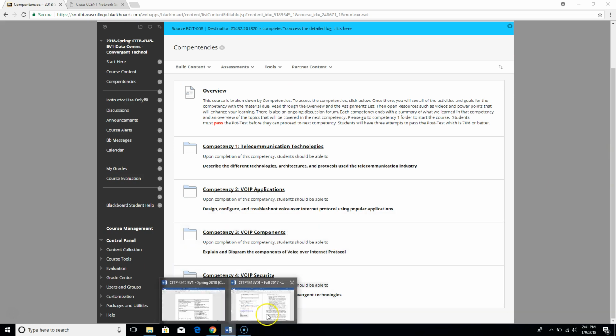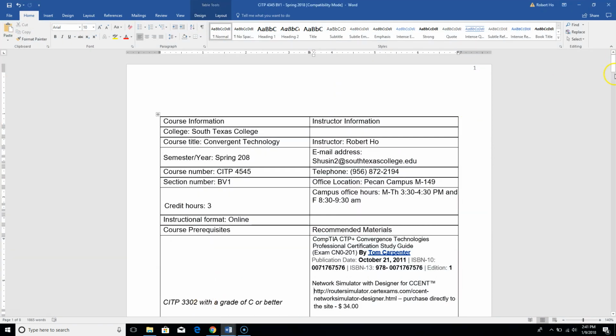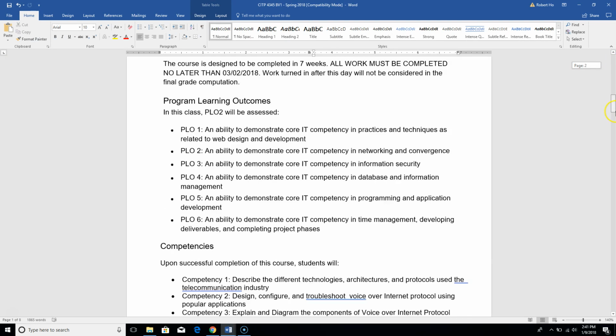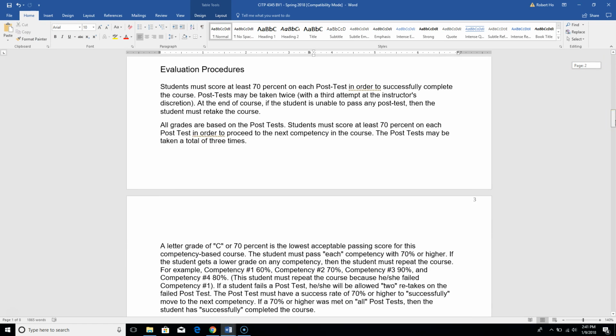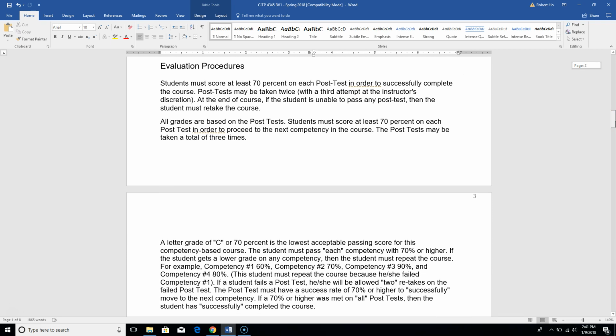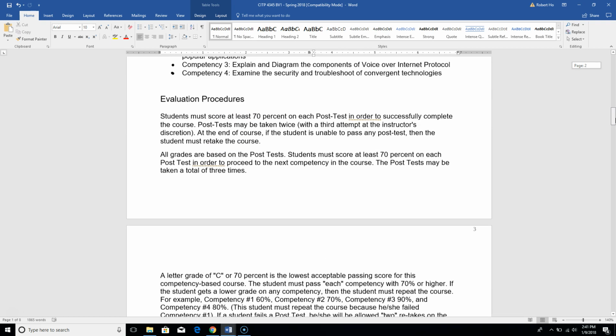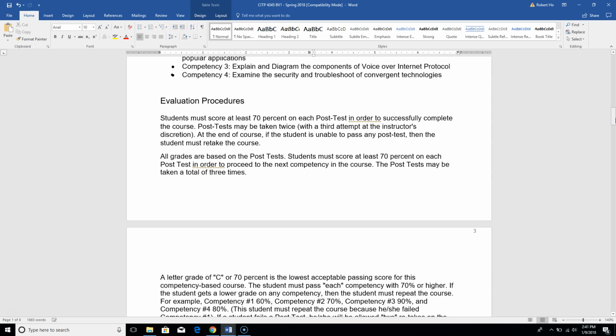Let me talk about how the competency works. This is very important, so I want you to read this carefully. Evaluation procedures: student must score at least 70% on each of the post-tests in order to successfully complete the course. Post-tests may be taken twice, with a third attempt at the instructor's discretion.